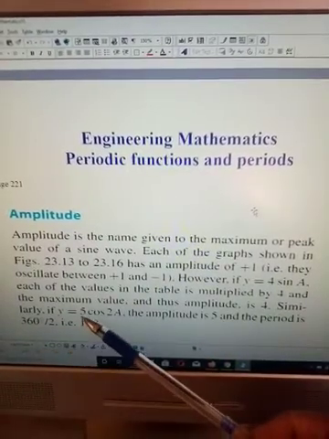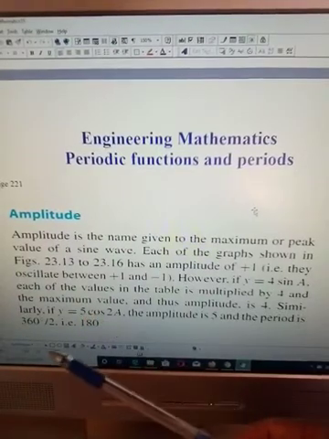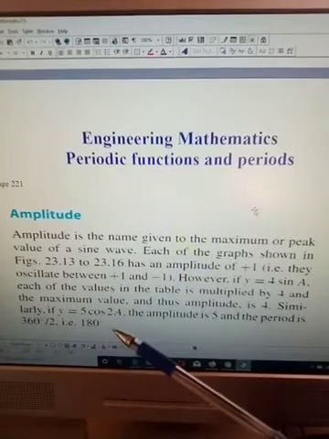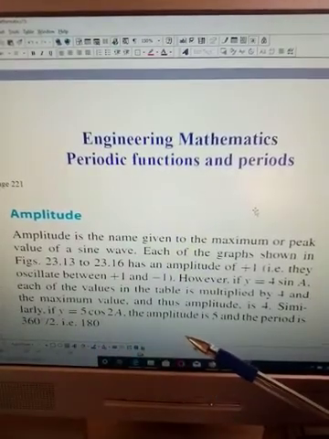Now remember the amplitude will be 5. The 360 divided by 2 gives you 180 degrees in reference to the cycle.